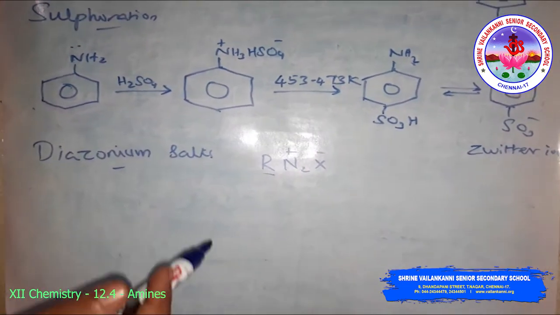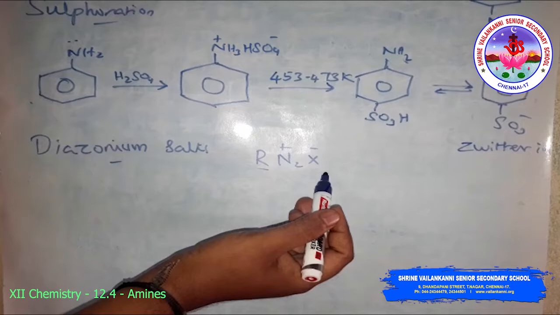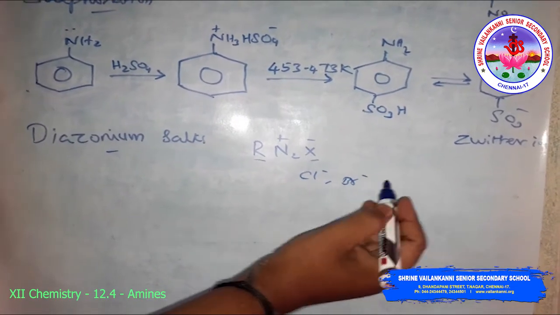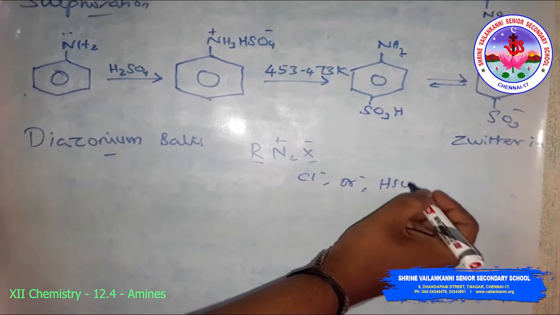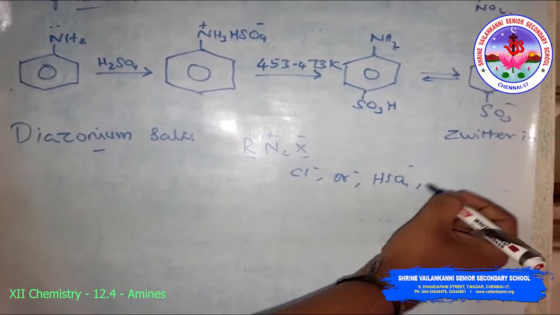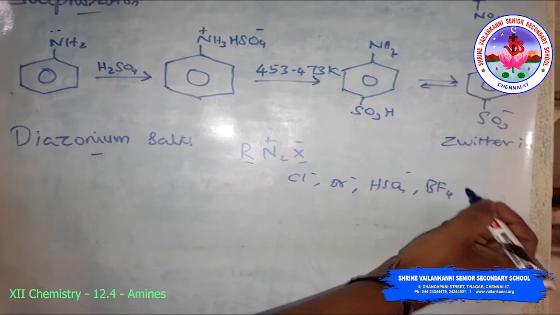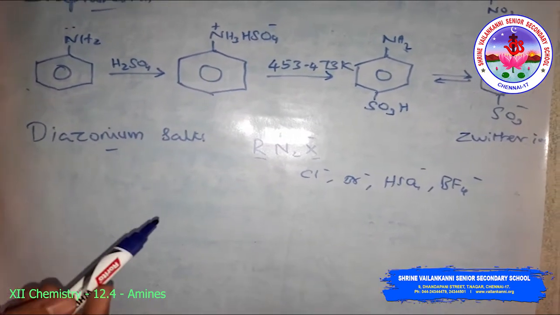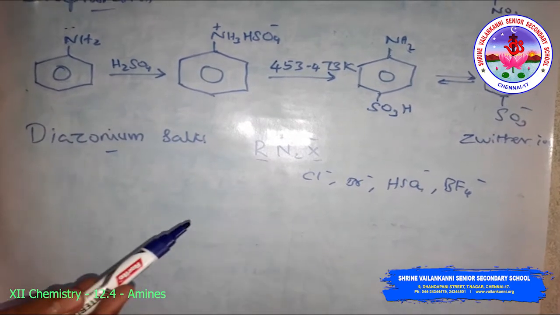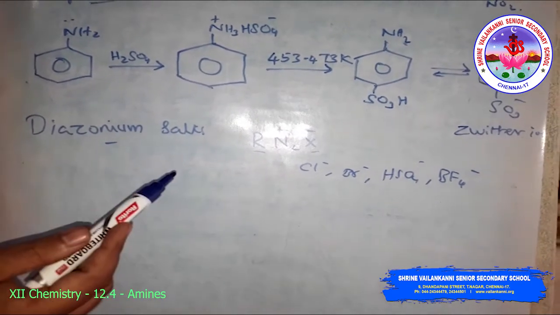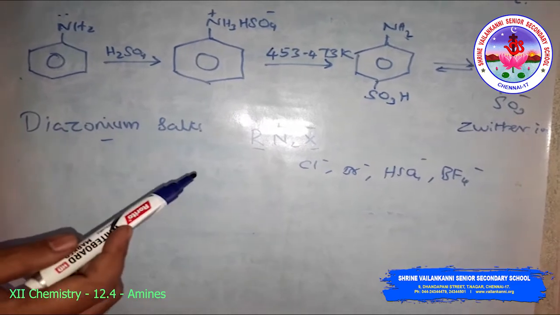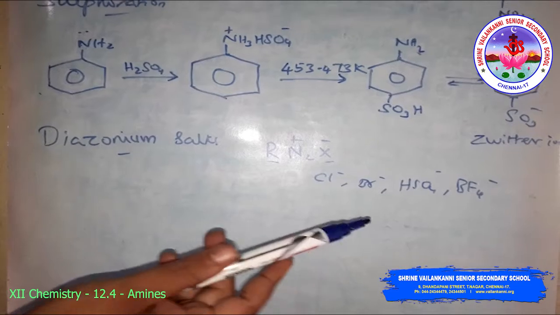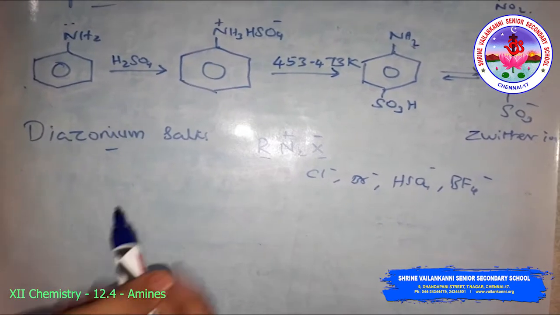Then the N2 plus group is called the diazonium group. For example, C6H5 N2 plus Cl minus. So this is benzene diazonium chloride, and C6H5 N2 plus HSO4 minus, known as benzene diazonium hydrogen sulfate.